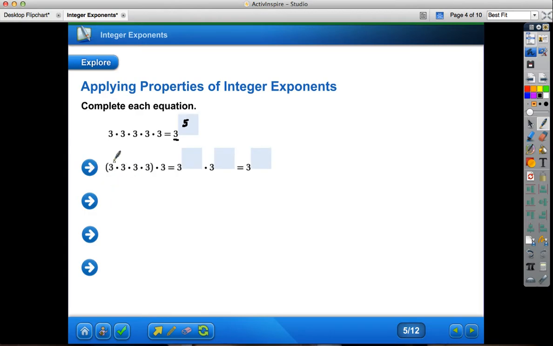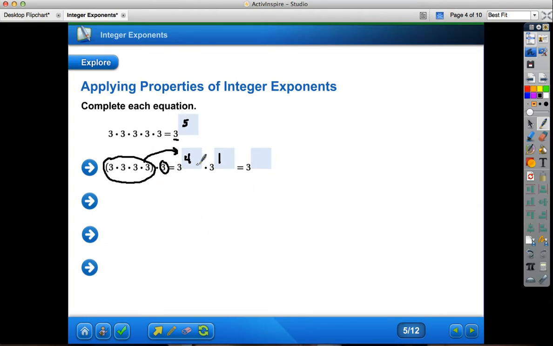Now, if I take 4 of those 3's and put them in parentheses, and then leave the extra one out, this right here becomes 3 to the 4th power, and this here becomes 3 to the 1st power.